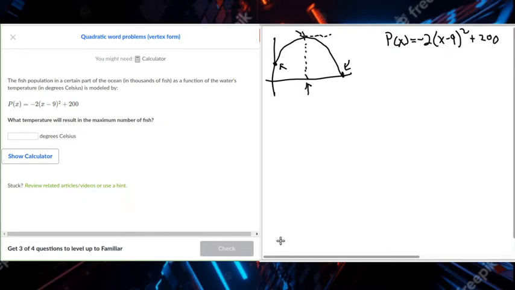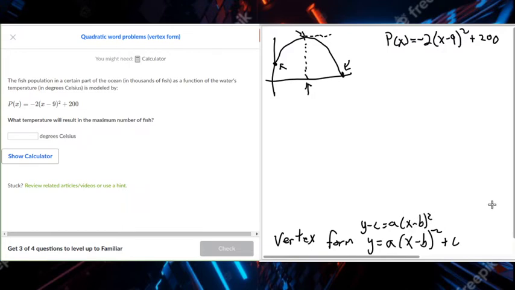And you'll remember our vertex form looks like y equals a times (x minus b) squared plus c, or sometimes you'll see y minus c equals a times (x minus b) squared.